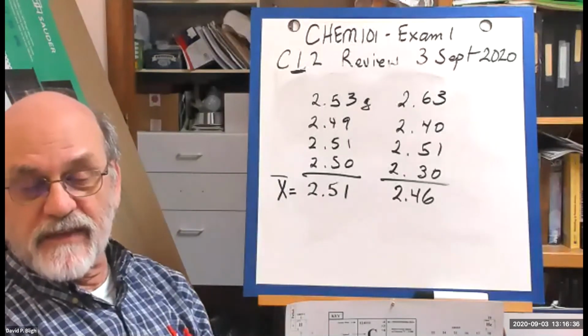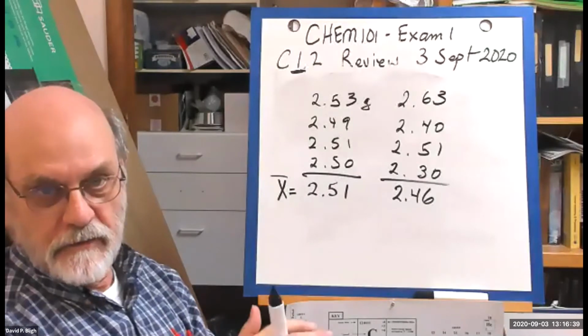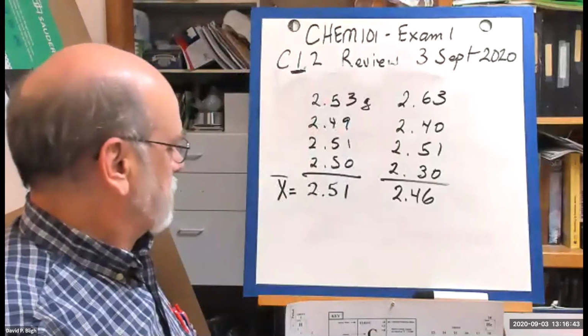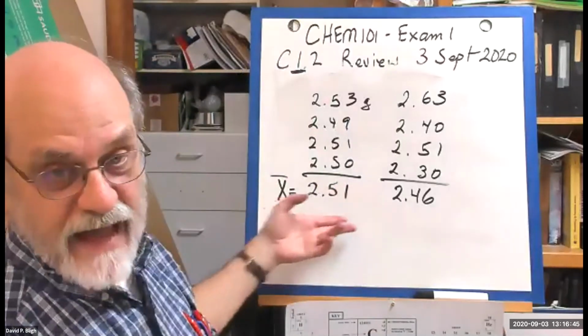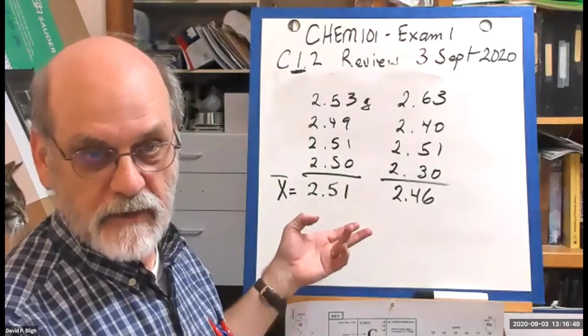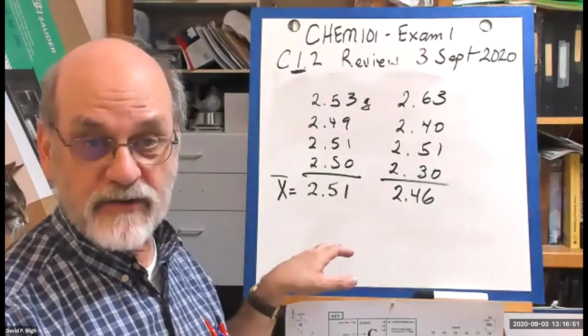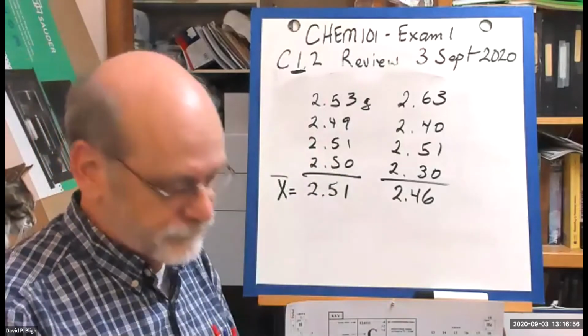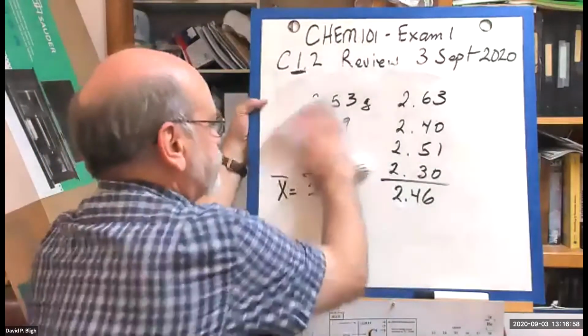Or is there something in the lab that's interfering with the accurate measurement? Now, we can't tell accuracy here because we don't know what the accepted value is. But if the accepted value were 2.50, this one would be closer. Okay. All right.